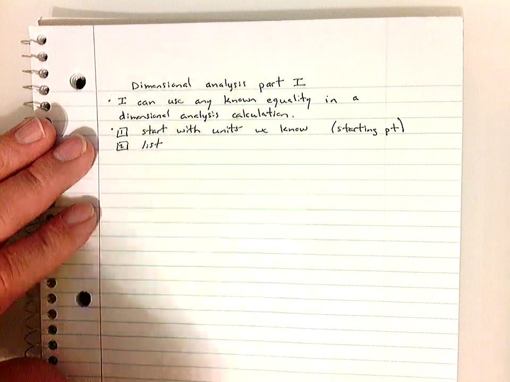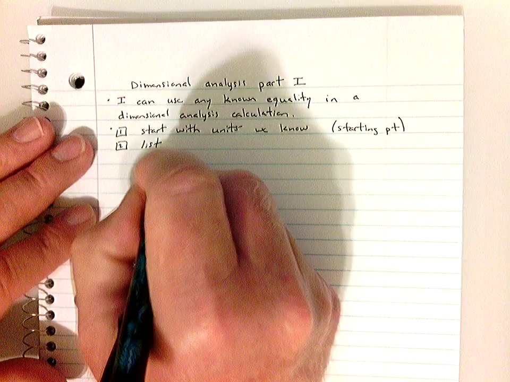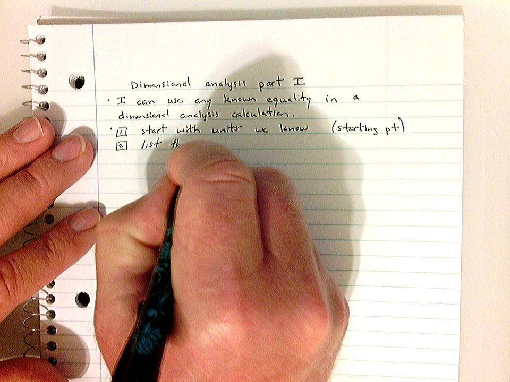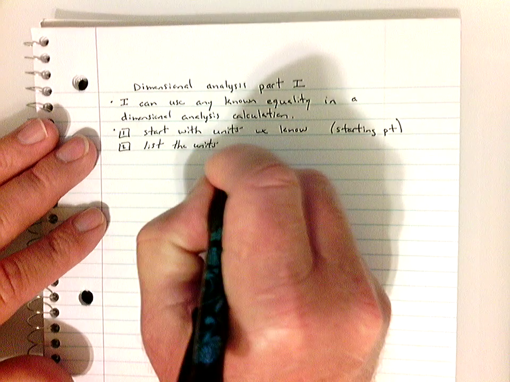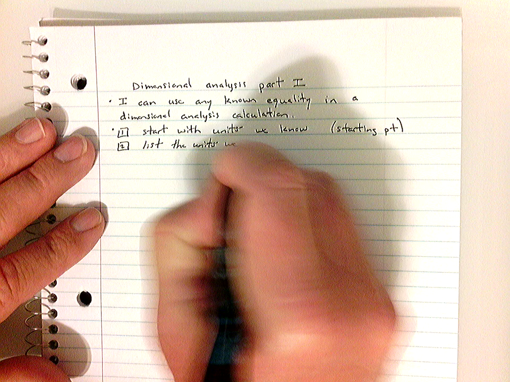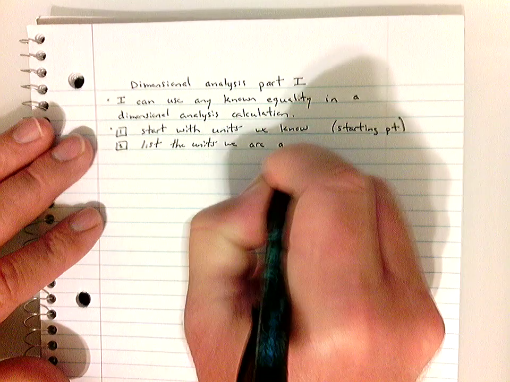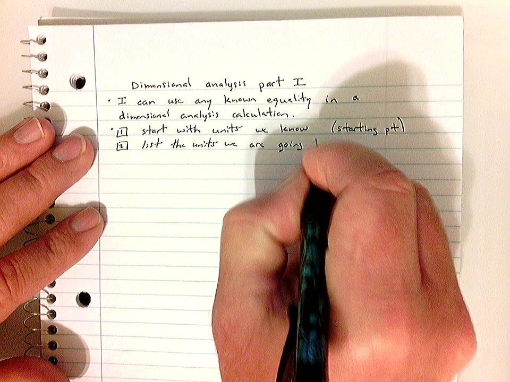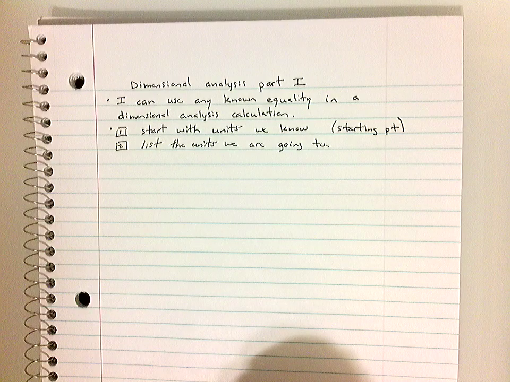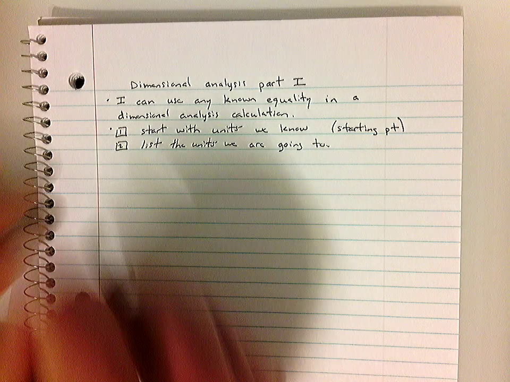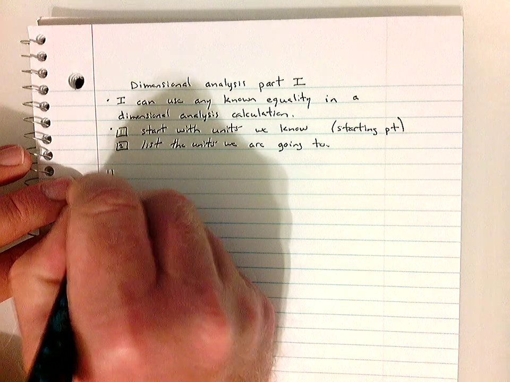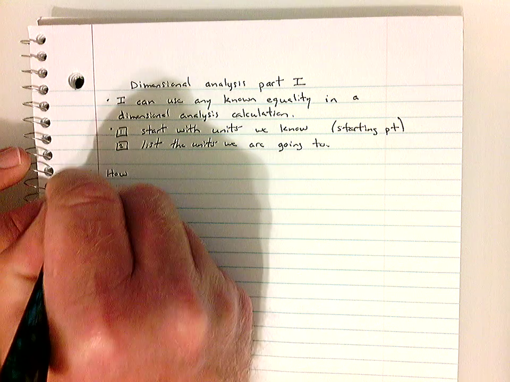Then we're going to go out to the far side of our problem and list the units we are trying to get to. So we'll do 3 examples here.